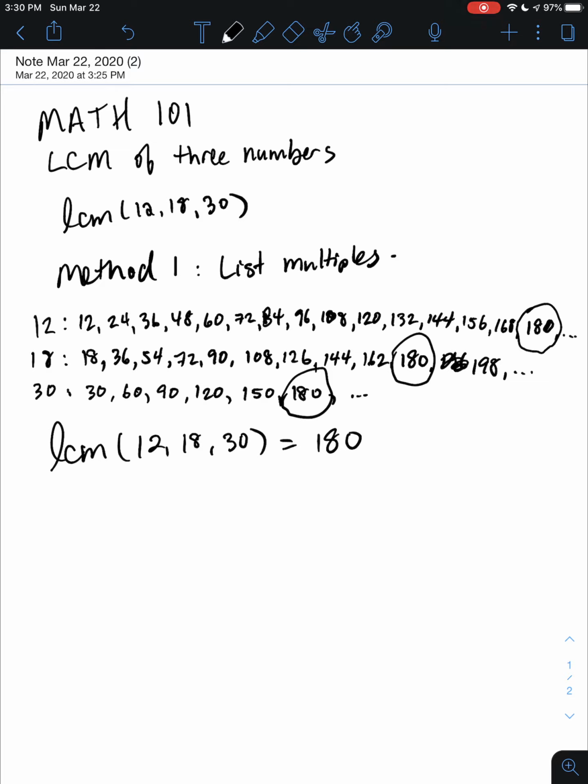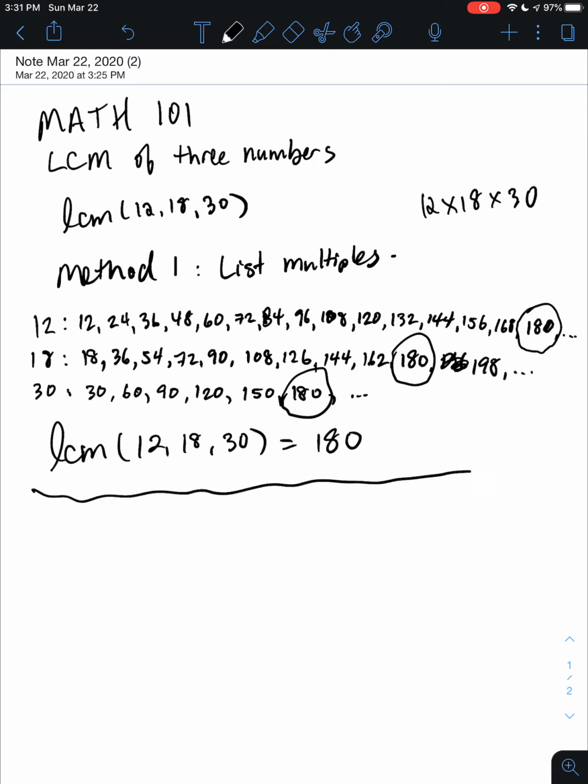However you choose to do it, you may have to extend the lists until you find a common number, and you may have to go all the way up to this big number, 12 times 18 times 30. We're lucky because we didn't have to go that far. But with this method, you may encounter very, very large numbers. So this method is useful to help understand the meaning of LCM, but it's not a great way to calculate it.